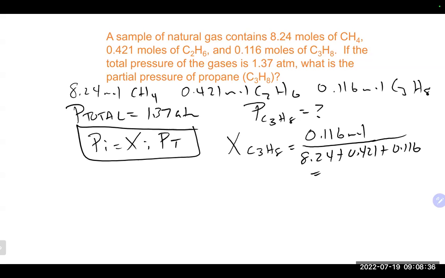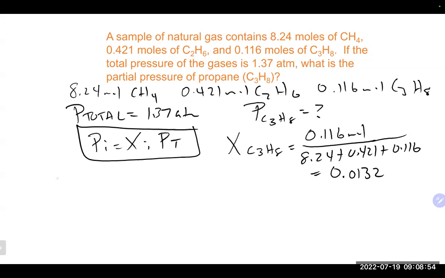And that's going to give us a mole fraction of about 0.0132.